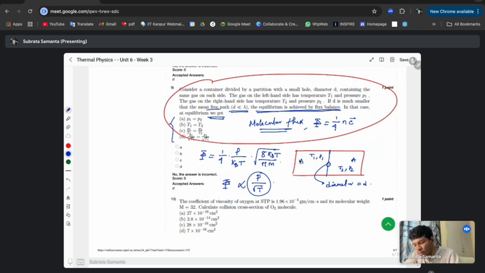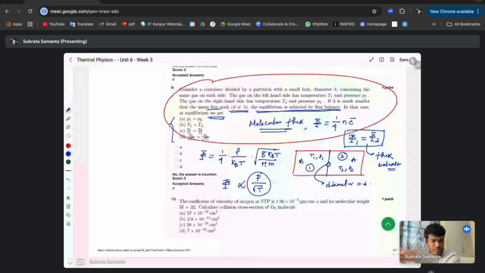Now how is equilibrium achieved in this case? The equilibrium is achieved by the flux balance. So that means phi 1 equals phi 2. This is the flux balance in both containers 1 and 2, because the process is an effusion process. In any effusion process, the equilibrium is achieved by flux balance.